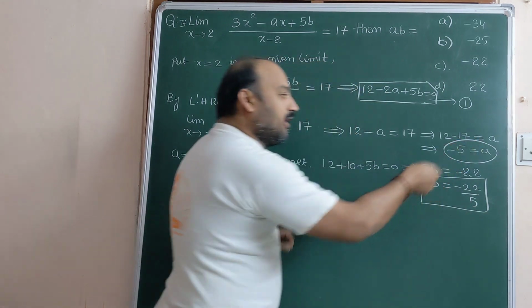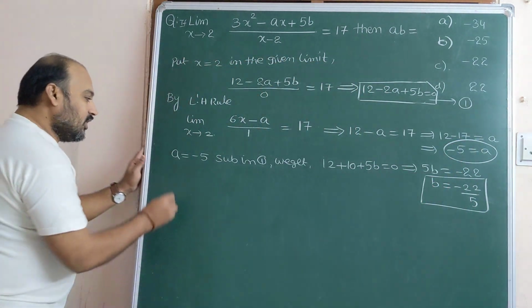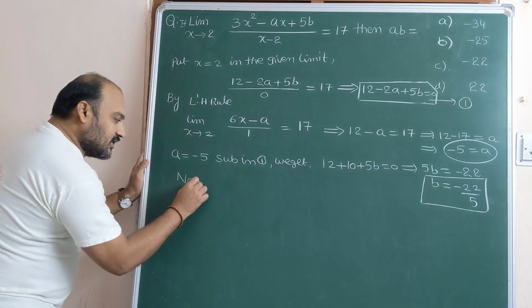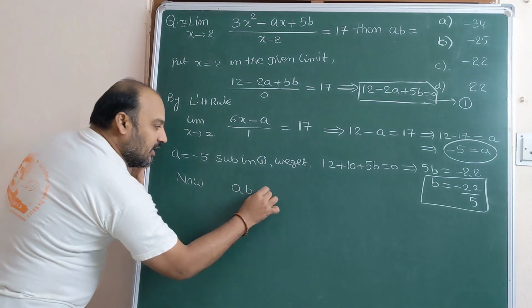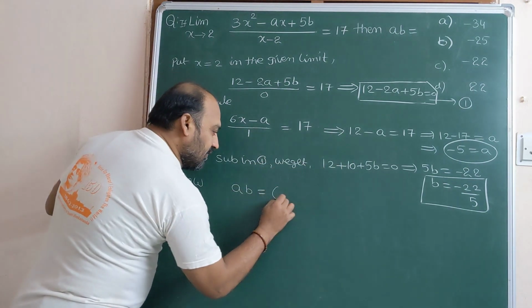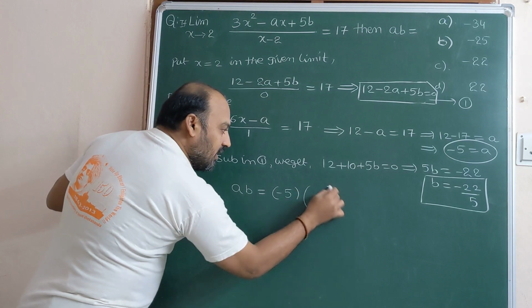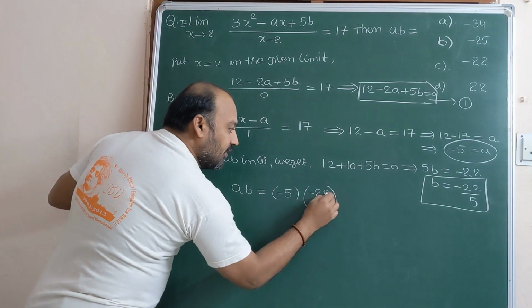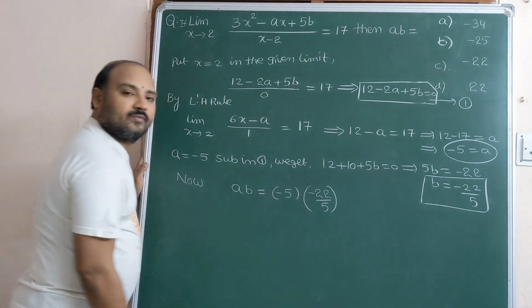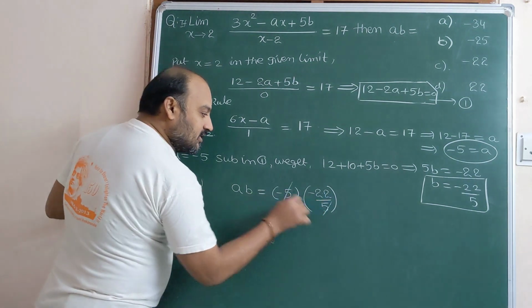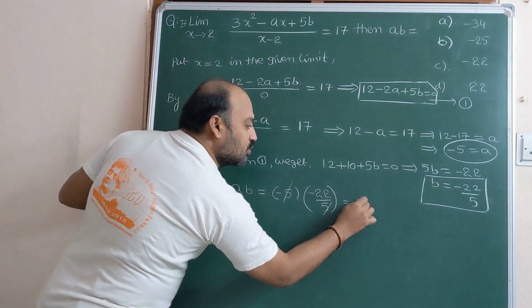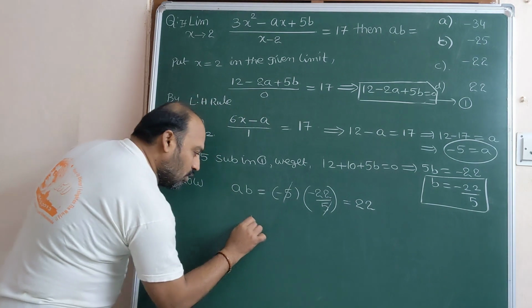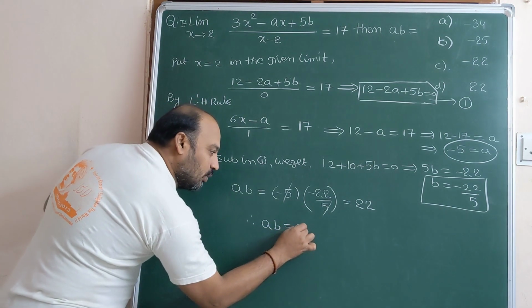So a value we got, b value also we got. Now what they are asking to find? a into b. a value minus 5 into b value minus 22 by 5. 5 gets cancelled, minus into minus plus. So 22. Therefore ab is equal to 22.